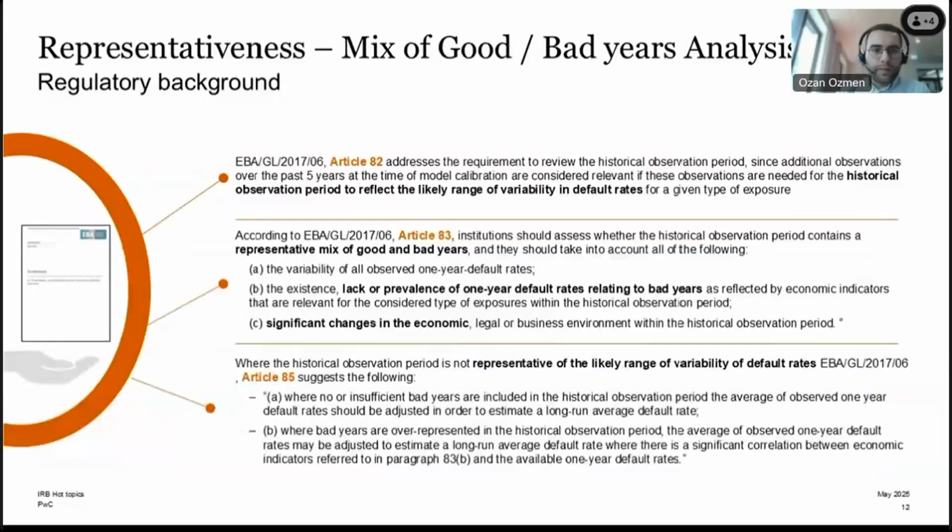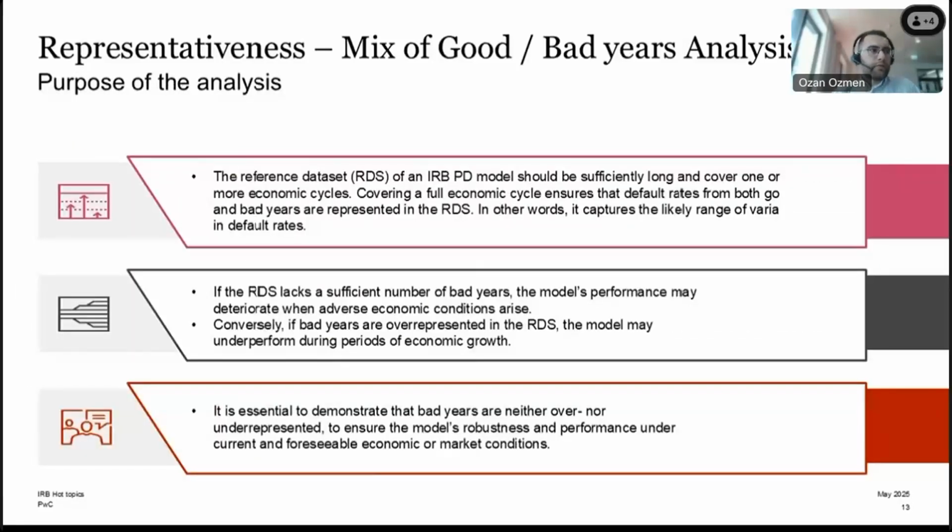Yes. So here, from a regulatory perspective, it's mandatory to conduct such an analysis, but what is the meaning of such an analysis? What's the purpose, or why is it required by regulation? It's simply reflecting, as I mentioned, the full economic cycle during the development, because it's usually the case that when the model is developed only on good years, the data covers only good years. It means that when the bad years come, the model quality might decrease quite a lot, and it probably would lead to some underestimation of the PD.